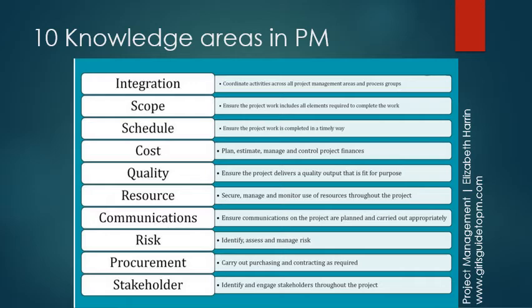Risk management is another thing. You're going to have to understand what is the risk and the range of risk that you can tolerate in your project, both in terms of the quality of the output and in terms of the potential for overrunning time and cost. I mentioned procurement before.